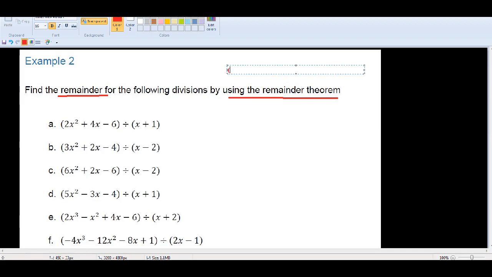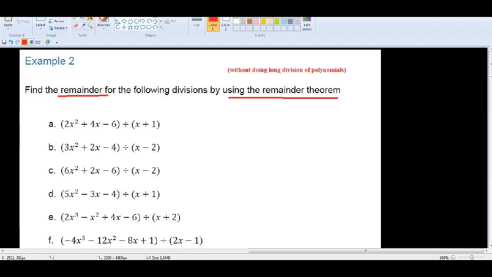The other way, they might ask you to find the remainder without doing long division of polynomials also.